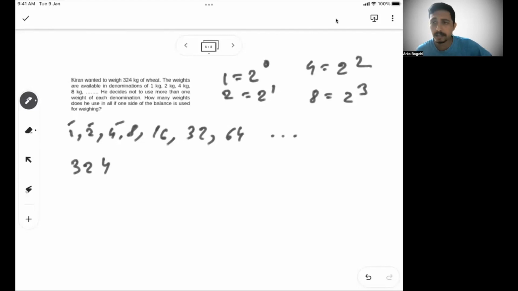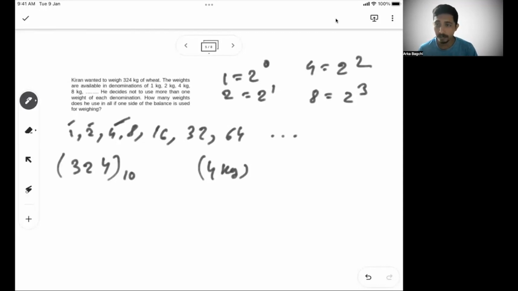So can I think of it this way? 324, which is in decimal. Rather than 324, let's keep it an easy number. Let's say 4 kg he has to weigh. For 4 kg, he can directly use the 4 kg weight.